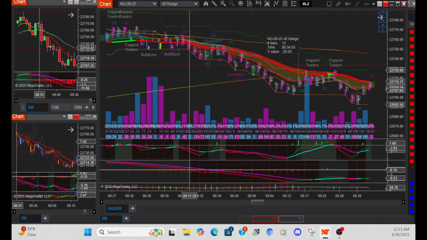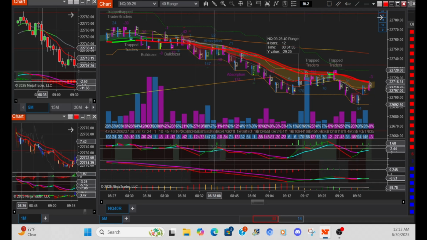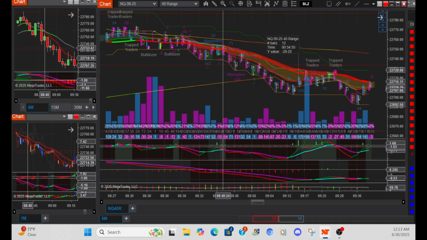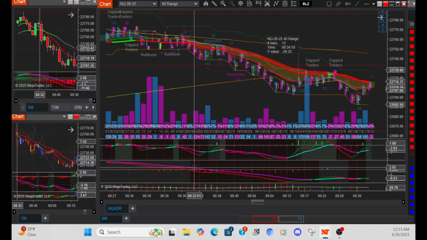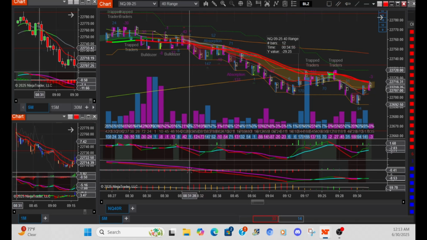When the standard MACD breaks the zero line and the fast breaks above as it's coming back down, that's giving you a great insight as to the pullback that happens after the MACD crosses the zero line.